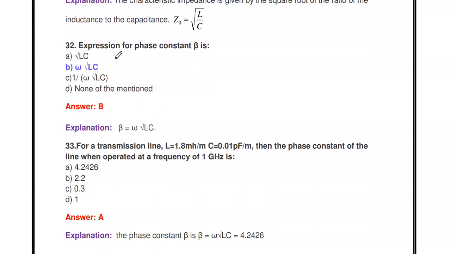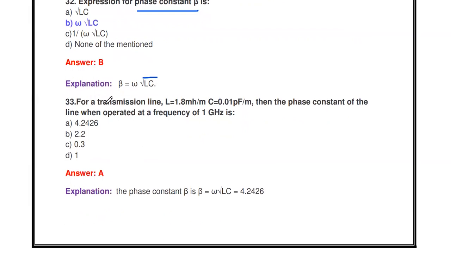Then the next thing: what is the expression for the phase constant beta? Beta equals omega into root of LC. Omega into root LC is the phase constant.